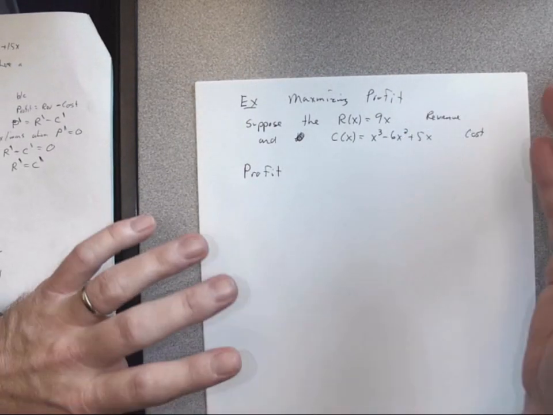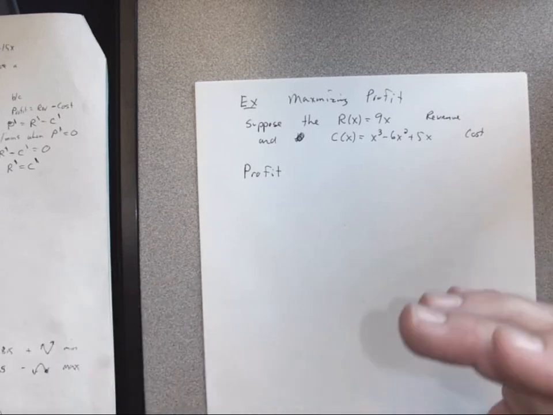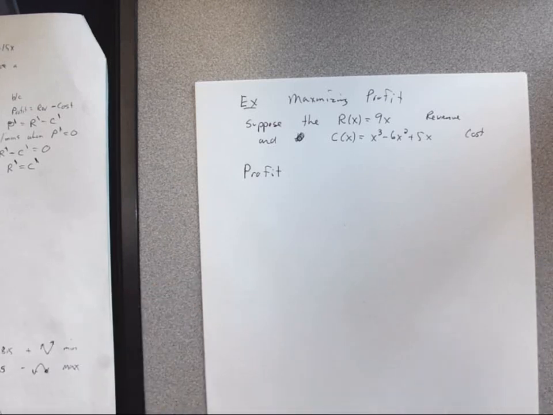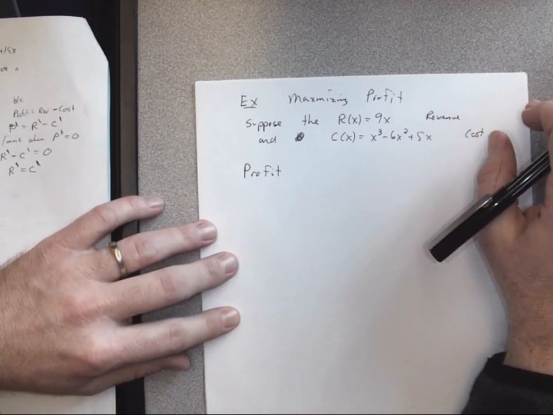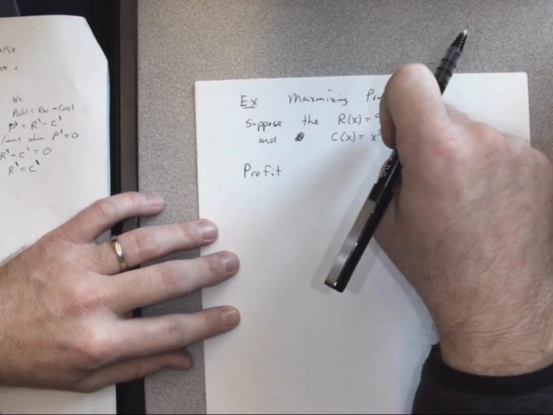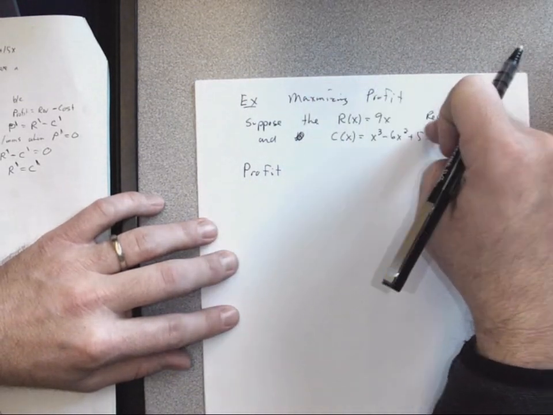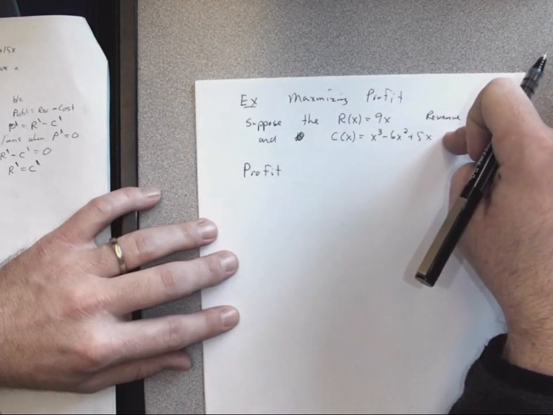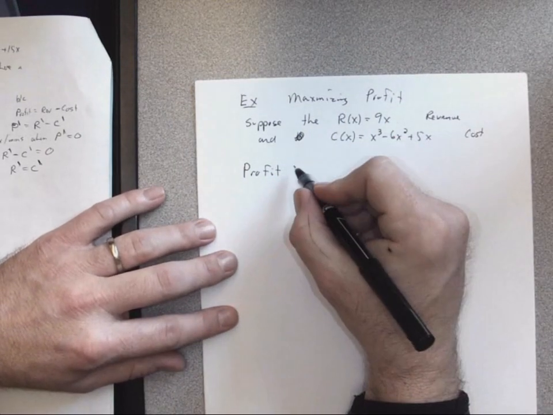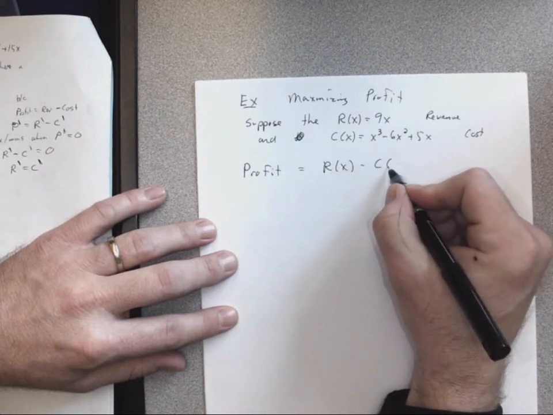Because if I make 1,000 things and only sell 2 of them, you're not going to reap how much money you put into making your materials. So if you want to find your profit, it's your revenue minus your cost. It's how many things you sold after you subtract off how much you put in to make them. So profit is equal to revenue minus cost.